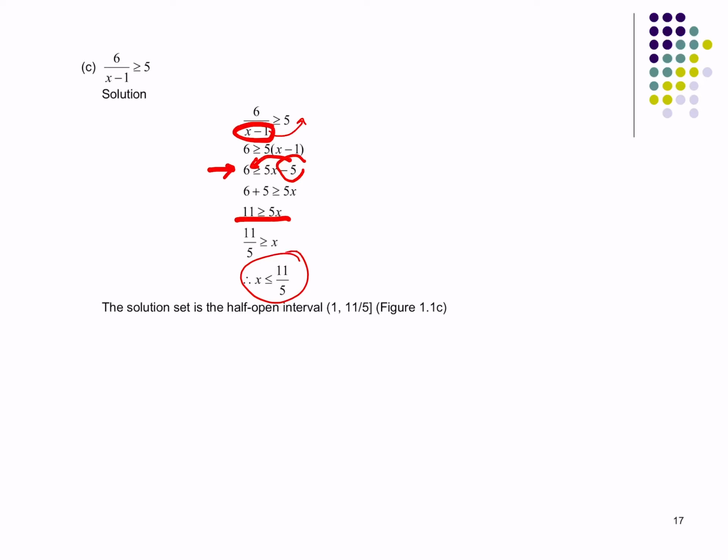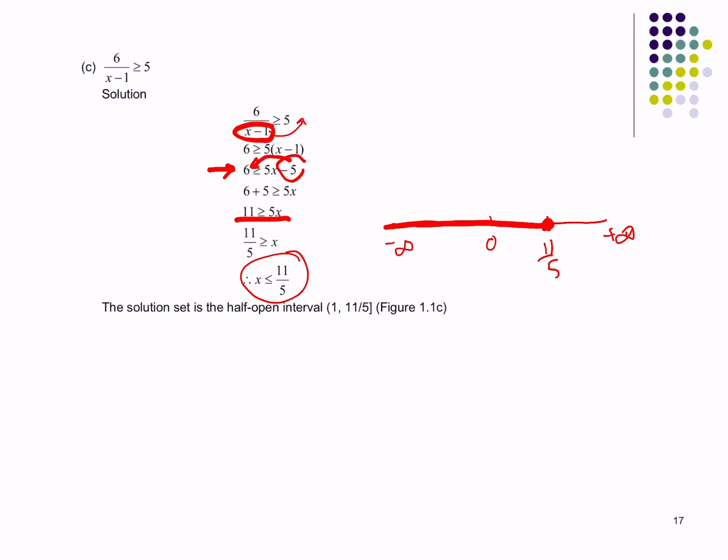If you take a look at this step, of course, this is the real line, and that is the positive infinity, and that is the negative infinity, and that is about 0. Okay, so it may be about like 11 by 5. So 11 by 5 is included. Then we draw the closed circle here, and the value of x must be less than or equal, therefore you have to go toward this side of the real line.